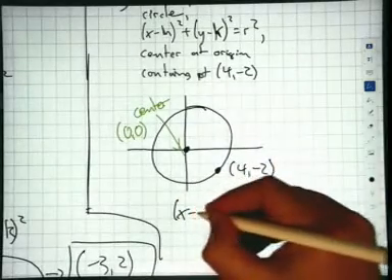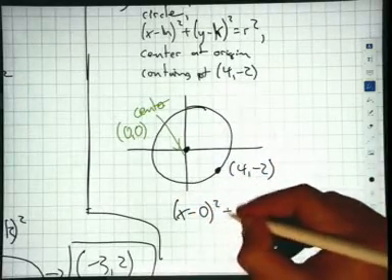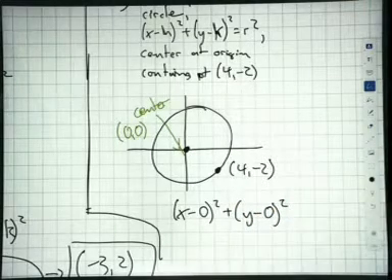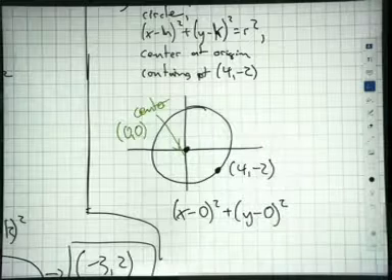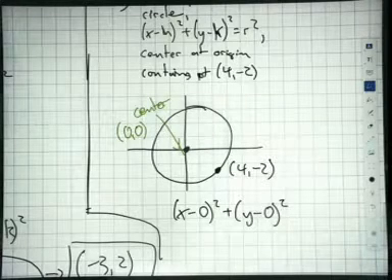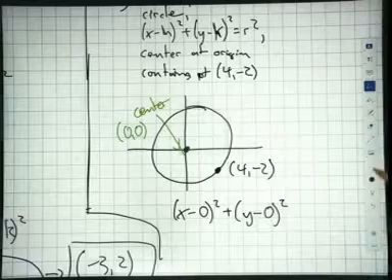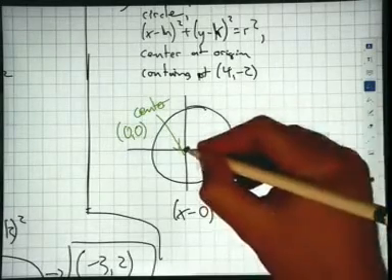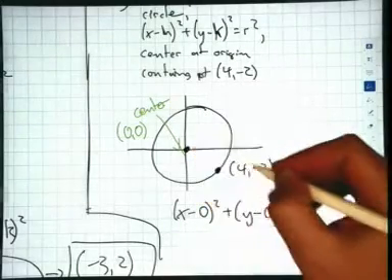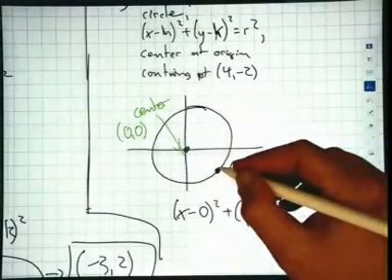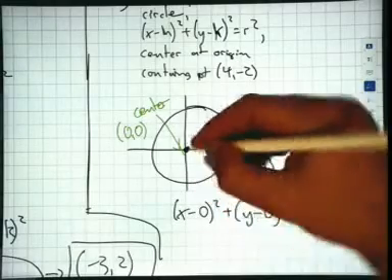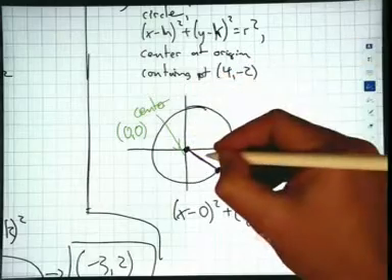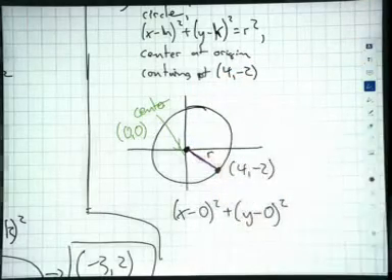We can start to say things like x minus 0 quantity squared plus y minus 0 quantity squared. Now, the next thing that we need is the radius. We have the center. We have a point on the circle. So the distance from the center to any point on the circle, this distance is r.